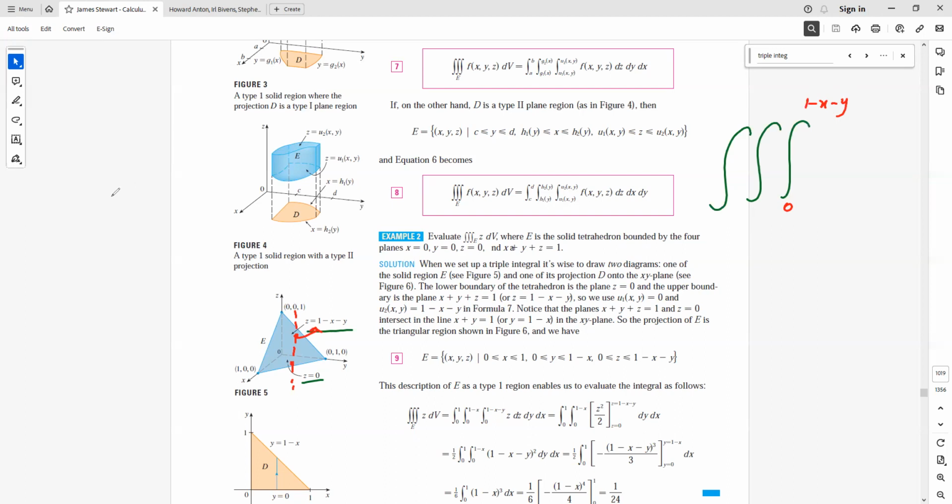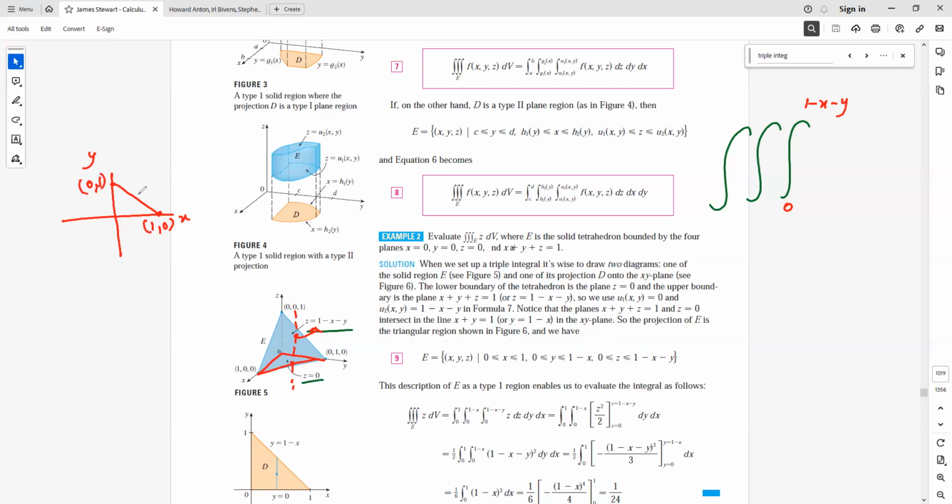Now to find the xy limits, just draw this triangle because we need to only consider the xy axes now. So we have a triangle on the xy axes like this. This is y, this is x, and this point is 1 comma 0, this is 0 comma 1.